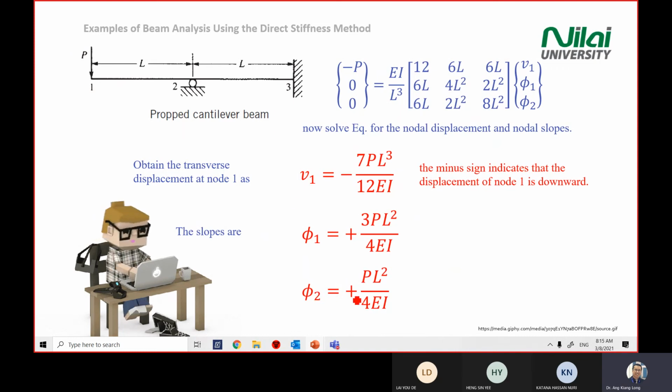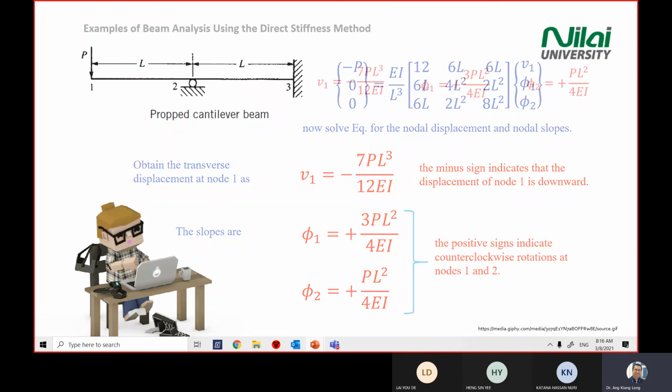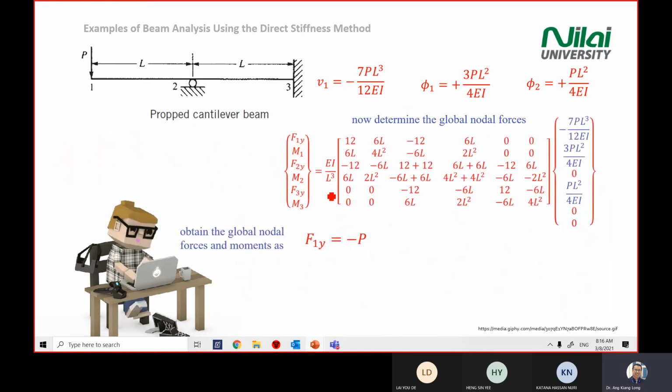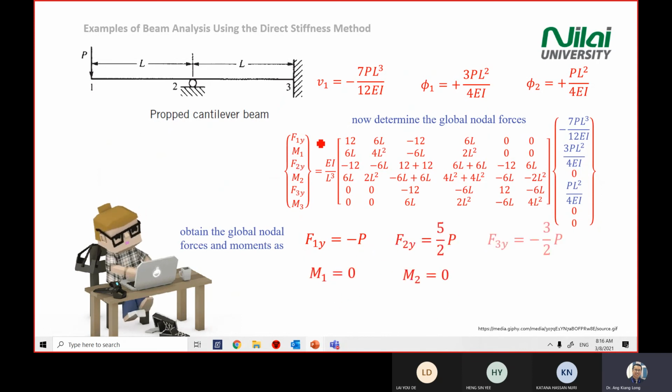Rotation 2 is also positive, meaning anti-clockwise. After you have done that, you put it into the F equals KD equation again, you replace it, and then you solve for the remaining force components. Then you'll get your force equal to P, your moment 1, 0, and so on. You'll get all the other missing components from just now.